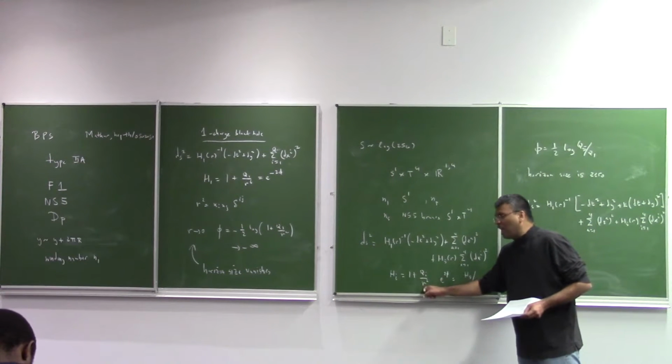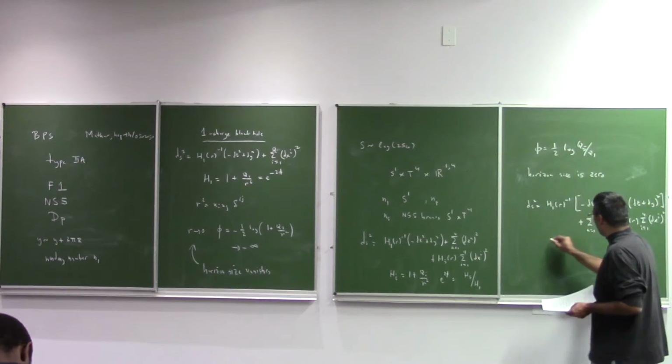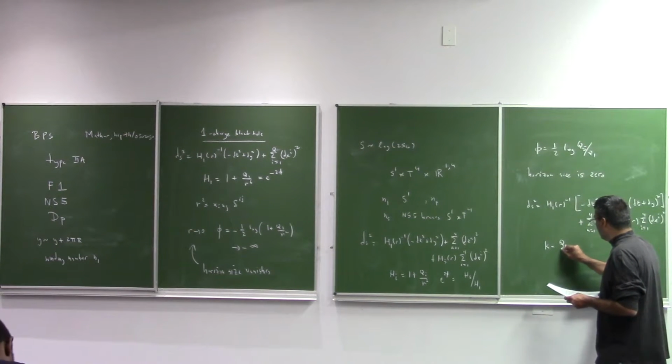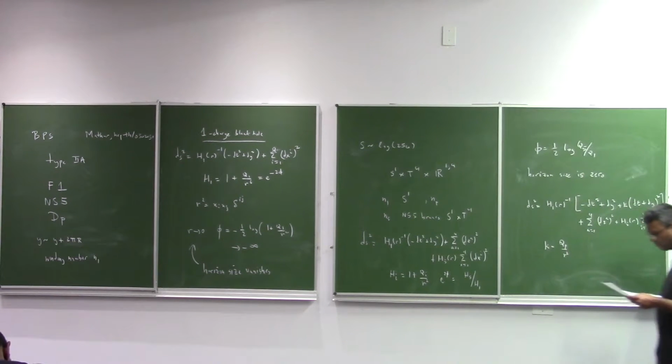The hi's are defined as before, but now we also have k, which is qp over r squared.